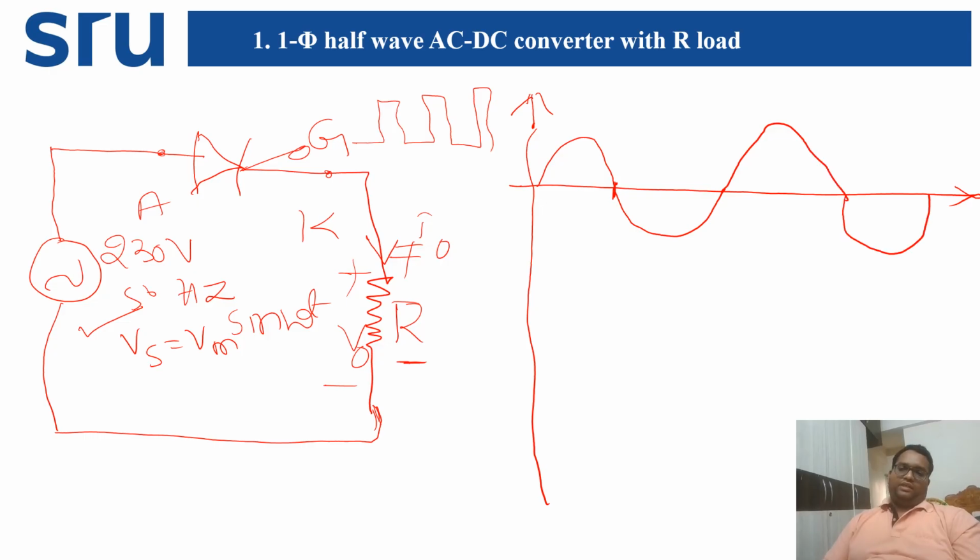So here there are waveforms up to 4 pi. Exactly at this position we are going to give the triggering pulse. That is why I am marking the triggering angle here. And coming to this, this is the uncontrolled region.